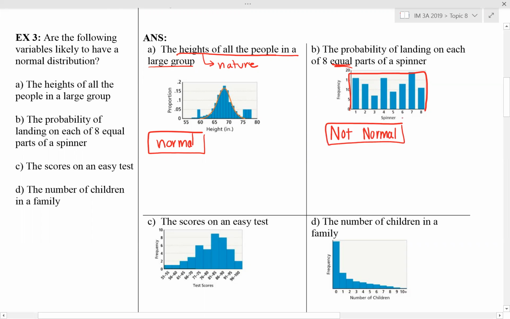Ultimately, think about this as if they're equal parts, that means that each outcome has the same probability, which is the definition of a uniform distribution versus a normal distribution.